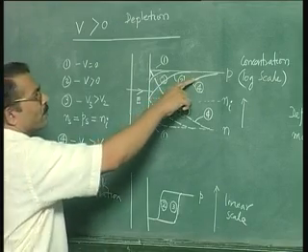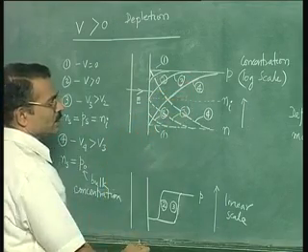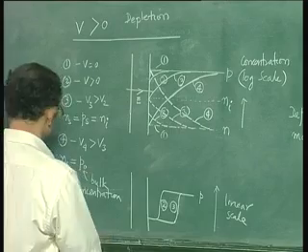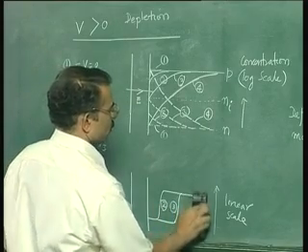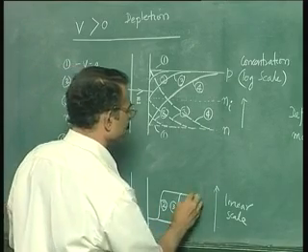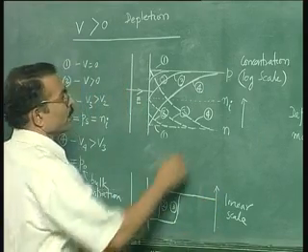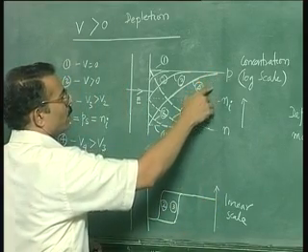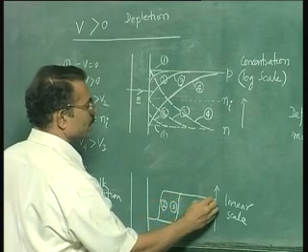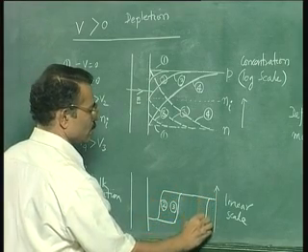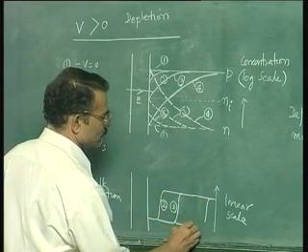Now, how do we draw the hole and electron concentrations on a linear scale for this case? So, moving this point away, hole concentration now will fall much earlier than this here. So, this is your hole concentration.